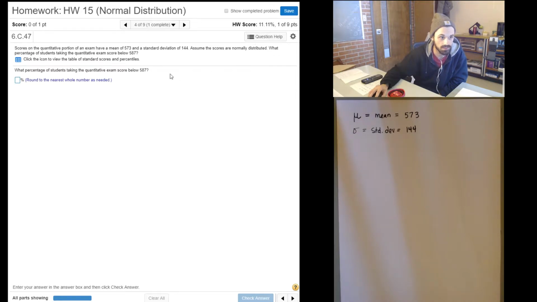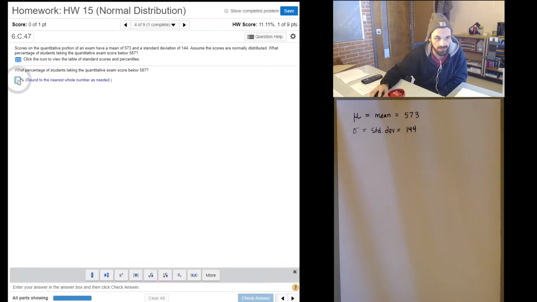Recognize this 587 is more than 573, so we should expect a percentage bigger than 50, because 587 is going to sit to the right of your middle value. So 587 should have more than 50% of the curve sitting to the left.